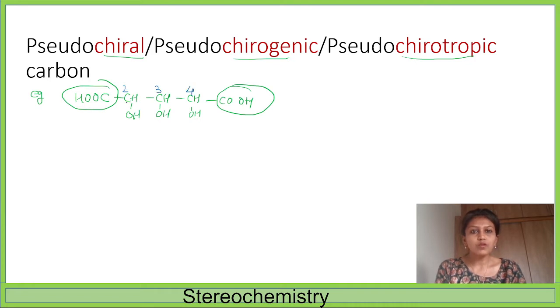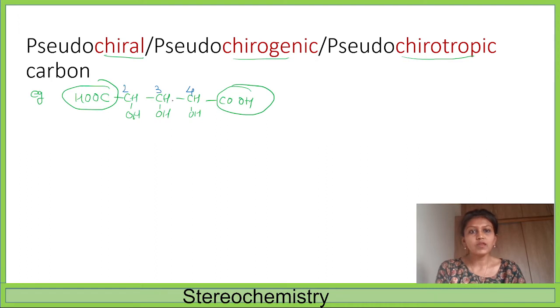So carbon number 2 we can say it is chiral, because one is hydrogen, one is OH group, one is CHO group and one is this CHOH group. So second number carbon is a chiral center. Same for the fourth number carbon, it is also chiral.